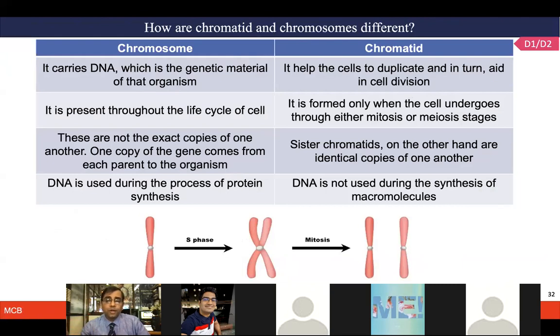When division is going to happen, only then will you see these prominent chromatids, as chromatin material starts getting condensed. Chromosomes are present in the entire life cycle of the cell, whereas chromatids are only formed when the cell is undergoing division, either mitosis or meiosis. Again, I have given a couple of points here which you can visualize to get more idea. But I hope the key idea of chromatids appearing only in cell division is probably clear to you now.